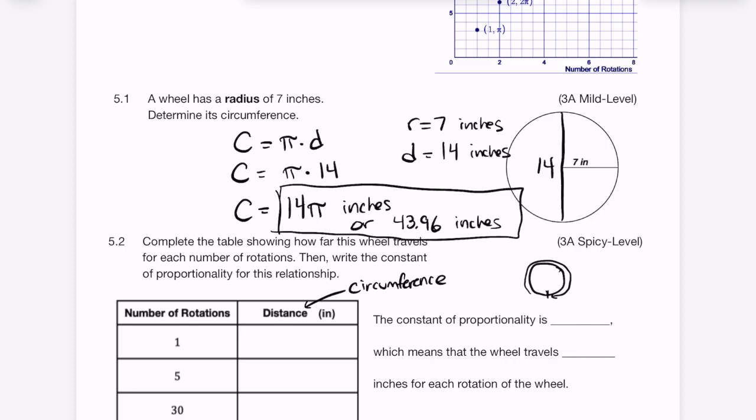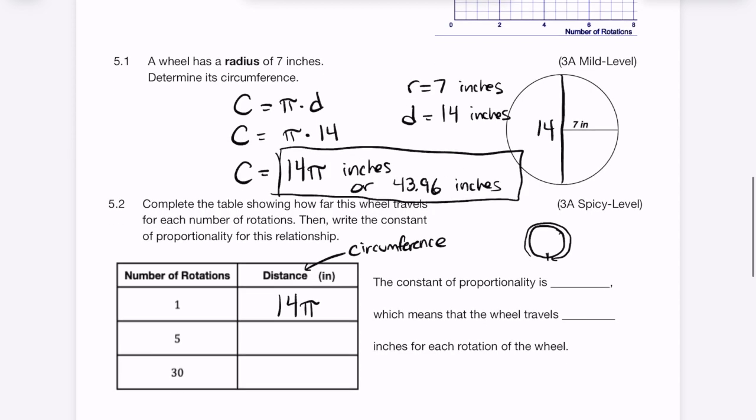Okay, so in one rotation, we already figured it out above. The circumference is 14 pi inches, or you could write 43.96. That would also work. Now this is a proportional relationship, right? So now we sort of found this constant of proportionality. How do we get from 1 to 14 pi?